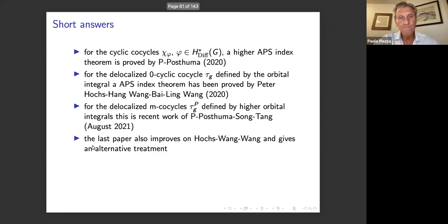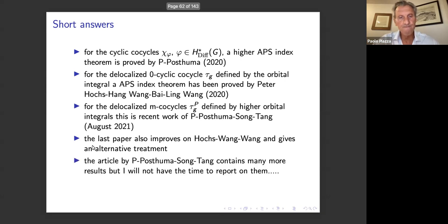Actually, this is a long paper, where we in fact improve a little bit the results of Hochs, Wang, and Wang, and it also gives a different treatment of the theorem. In this paper, we prove a number of results, but I will not have time to report on them. Anyway, all these papers are on arXiv if you are interested.